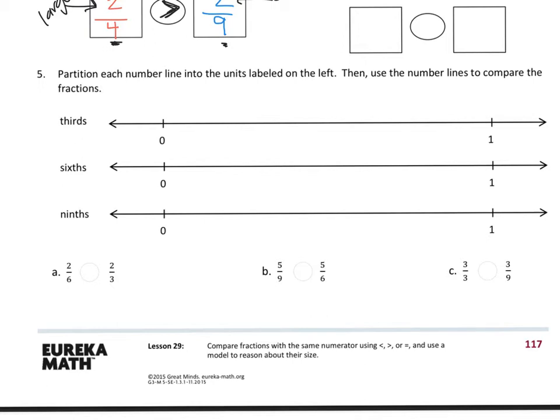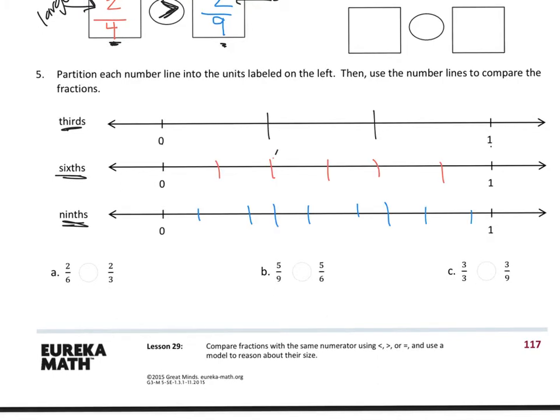So I want to break the first one to thirds. So between my whole numbers, 0 and 1, I'm going to break these into thirds. And now I can go down and break the next one into sixths and the last one into ninths. So there's my number lines broken into thirds, sixths, and ninths.